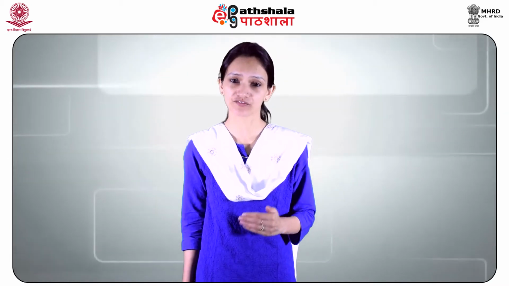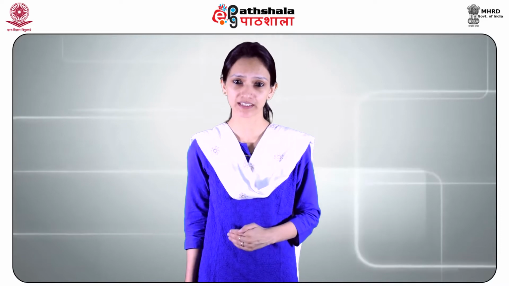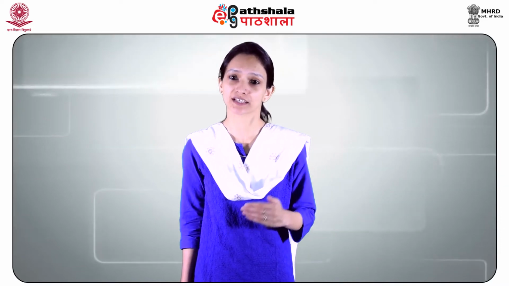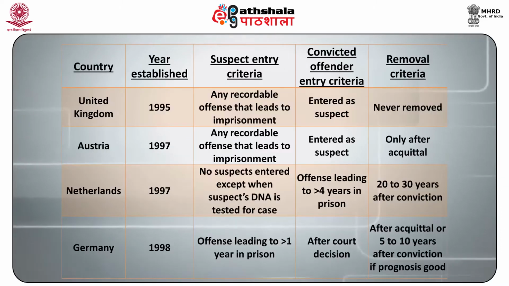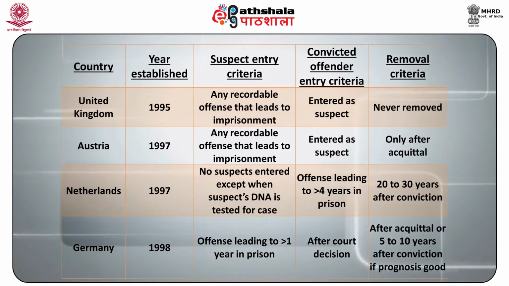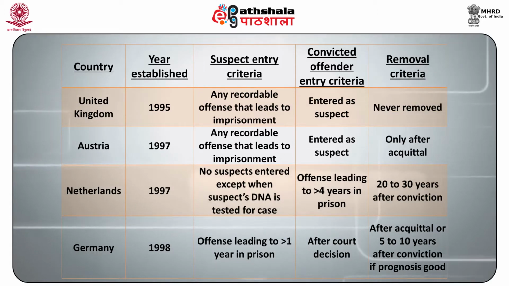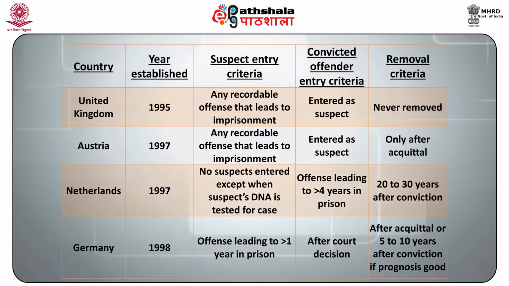By the end of 1998, other countries like Austria, Germany, Netherlands, New Zealand and Slovenia had also introduced national DNA databases. The table below describes some national DNA databases: the country, the year of their establishment, the suspect entry criteria, convicted offender entry criteria and the removal criteria from the DNA databases.